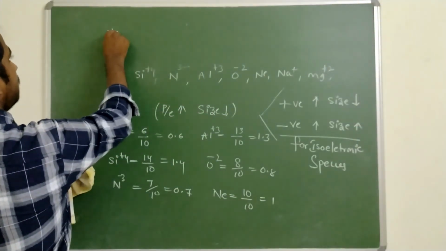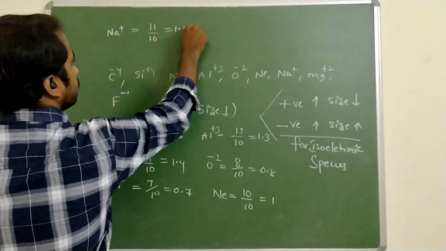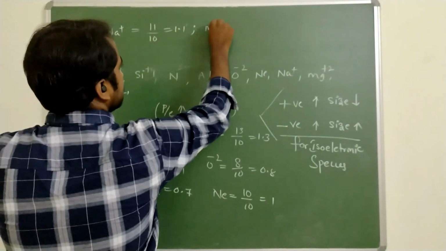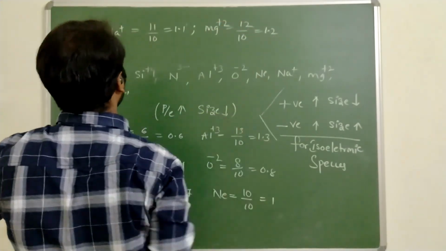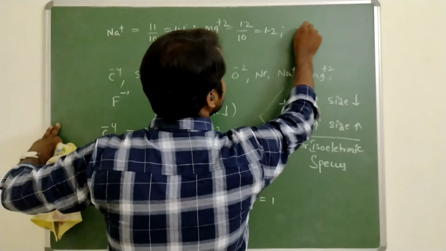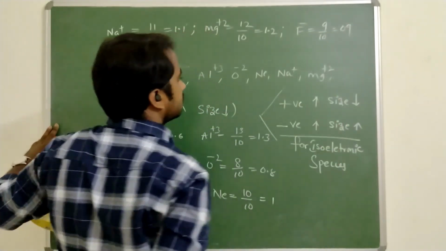Next one, Na+, 11 by 10, 1.1. Mg2+, 12 by 10, 1.2. F-, 9 by 10, 0.9.